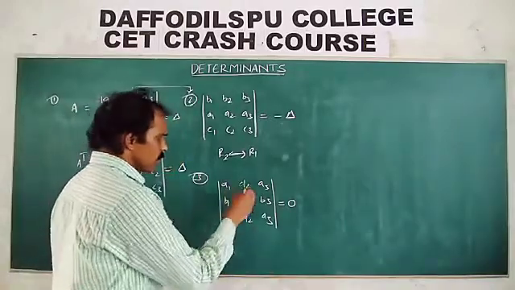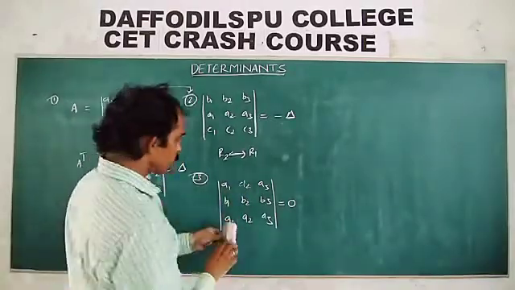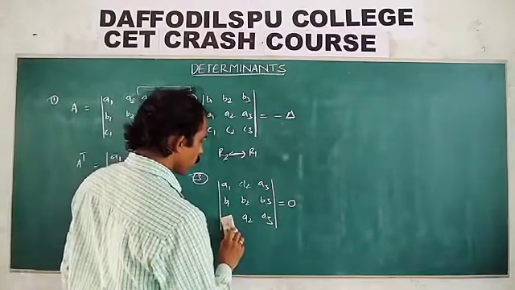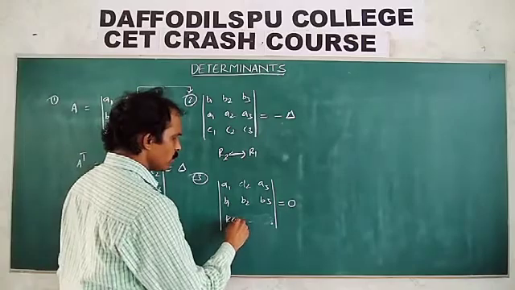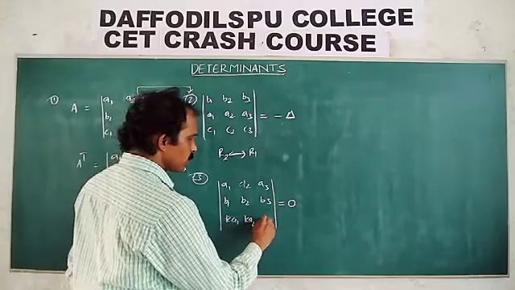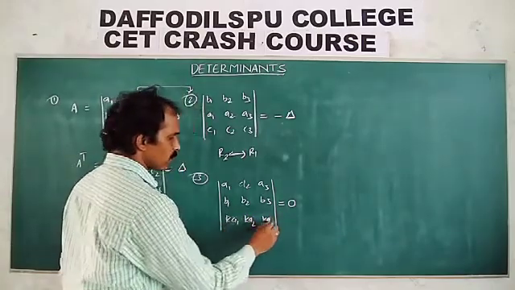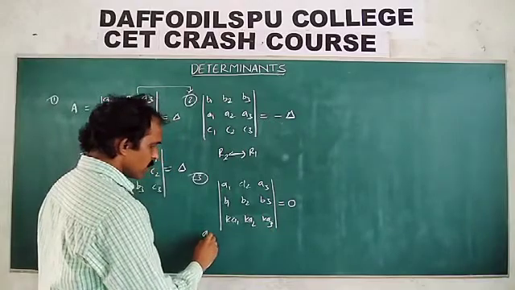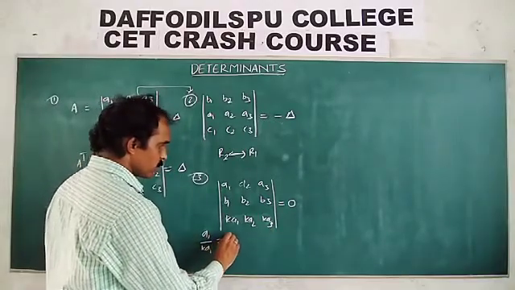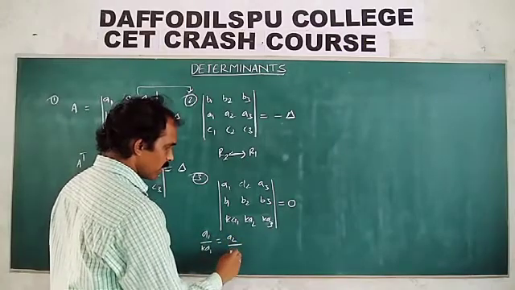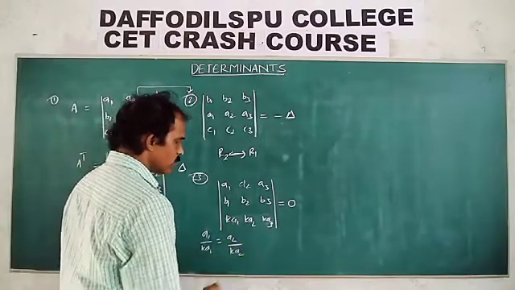Otherwise, suppose a row is k into a1, k into a2, k into a3, that is proportional to another row.